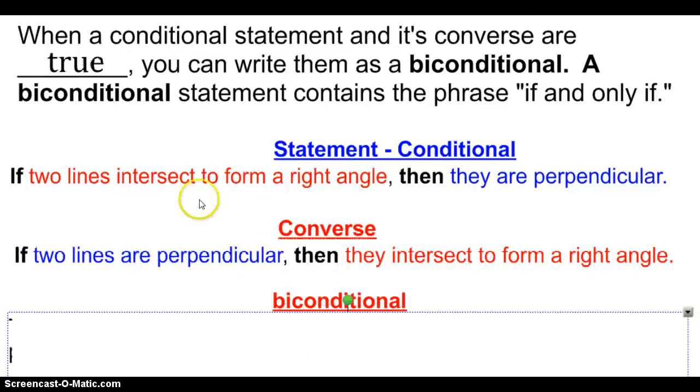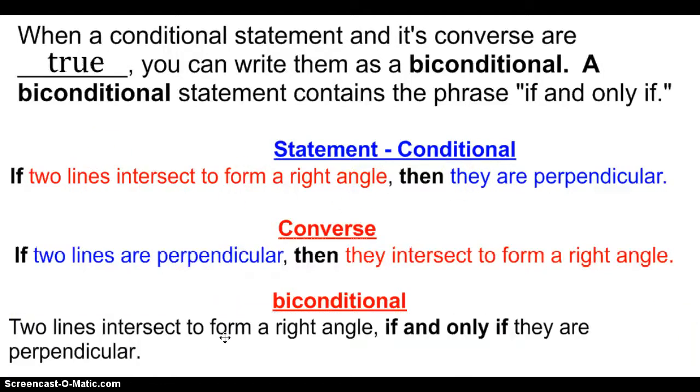So you go back to your original statement, and you're just going to put if and only if into the center. You're going to take away if and then, but put if and only if. So instead of saying if two lines intersect, you're going to now say two lines intersect to form a right angle if and only if they are perpendicular. And that's a biconditional.